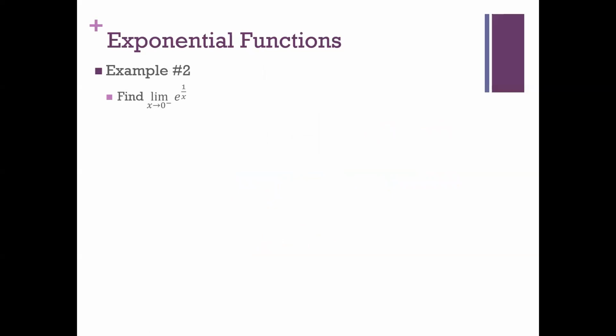So let's do this here. Let's find the limit as x approaches 0 from the left of e to the 1 over x. What do we think that's going to be?